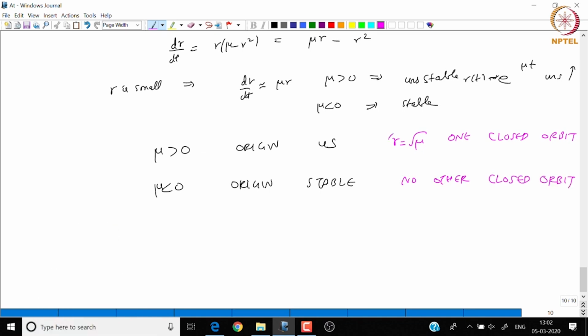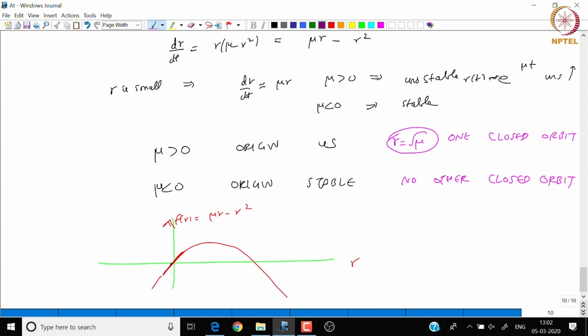And if you look at the linearization about r equal to root mu, if you plot this function mu r minus r square, so let this be r and let this be f of r, which is mu r minus r square. r is positive, that is the value we are bothered about. When mu is positive and r is very small, it will look like the mu r graph, and then the minus r square term will take over.